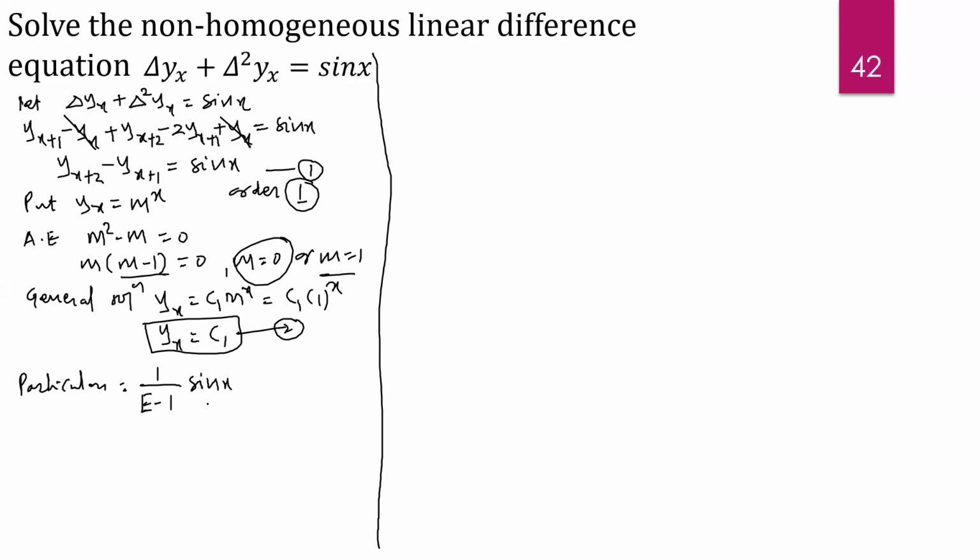We know that e raised to i theta is equal to cos theta plus i times sin theta. The imaginary part of e raised to i theta is sin theta, and the real part is cos theta. So here we require the imaginary part.